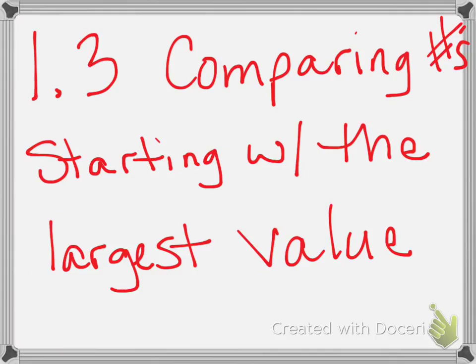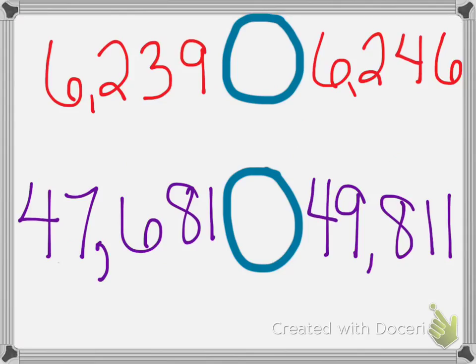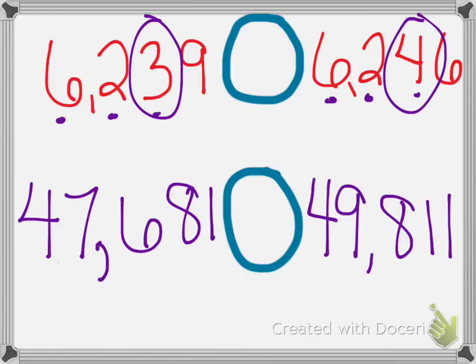The last lesson that we just started today was just comparing numbers using the largest value. And so in this example, I'm going to look at the largest values, which are the thousands place. And I can't compare them because they are the same. So then I try the hundreds place. Again, I cannot compare them because they are the same. Then I look at my tens, and I see that I have a 3 and a 4, and they are different digits.